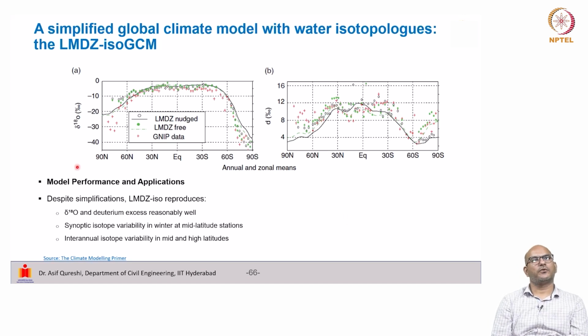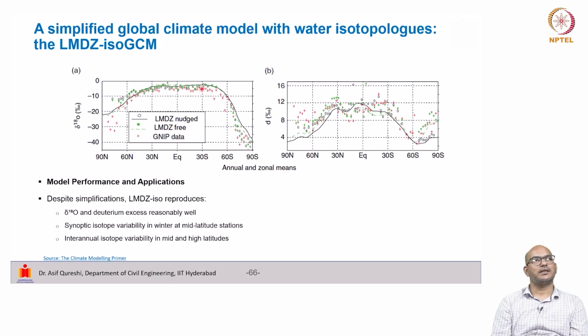Now, of course, when we run a model, we need to evaluate it. So, we have the annual and zonal means of delta 18O and d-excess, in per mil, and there is the difference, 0, minus 10, 16, 12, 8. The solid and dotted lines are the nudged and free run models and the plus is the data.